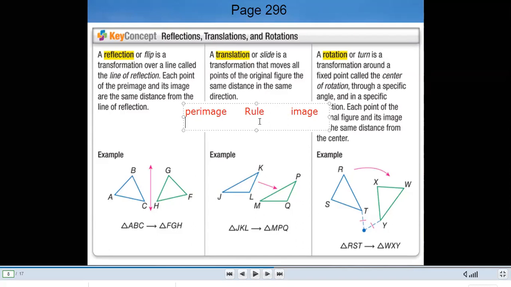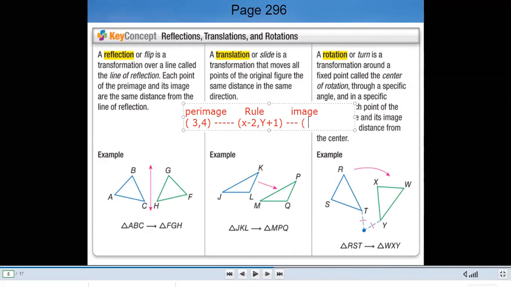Miss, can you say this part again? Okay, in case you have the pre-image, like 3 and 4, and the rule says x minus 2, y plus 1, and I'm looking for the image, how will you calculate it? 3 minus 2 and 4 plus 1.